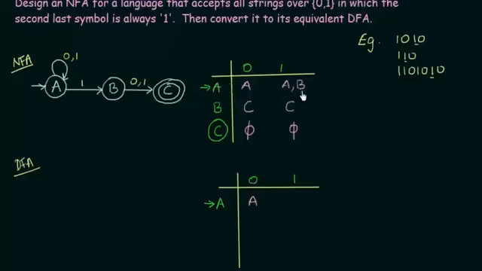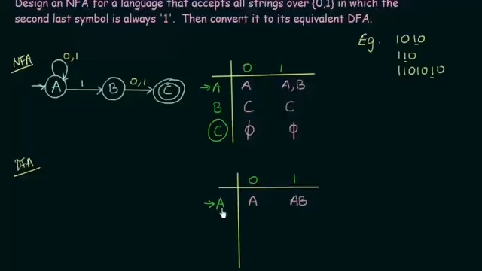But in NFA, two states are possible, while in DFA, two states are not possible. We can set it to only one state. So we will combine these two states, A, B, and make it a single state, which I will call state AB. This is a single state, AB. Alright. Now looking at this row, we have to decide what should be the next state. Here we see that the only states reachable from this row are A and AB.